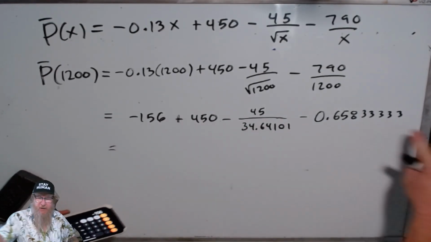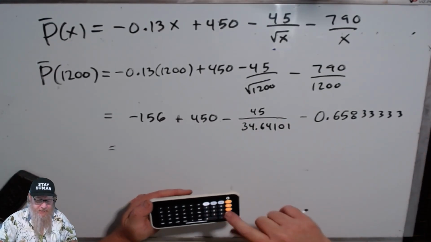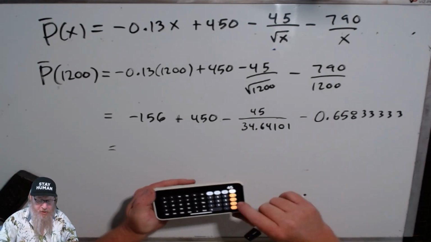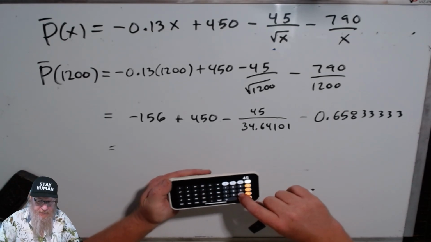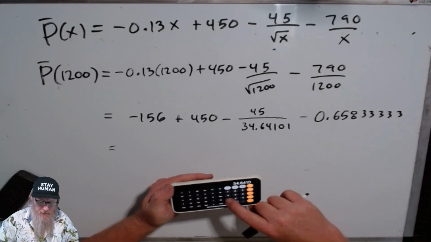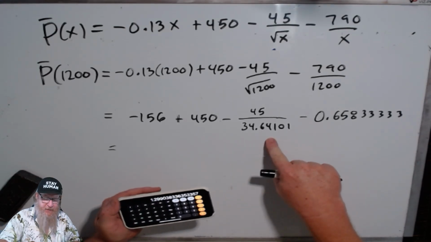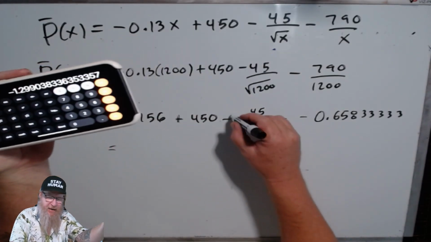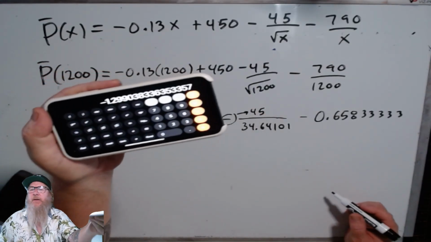And now I'm just going to go across here. Let's start here. 45 divided by, start with the more complicated one, 34.64101. All right. Oh, that's negative, so be careful. The negative goes with the 45.